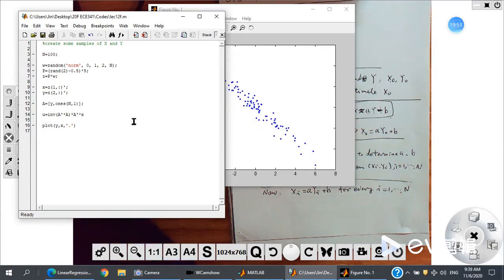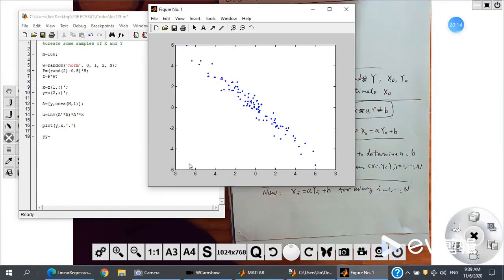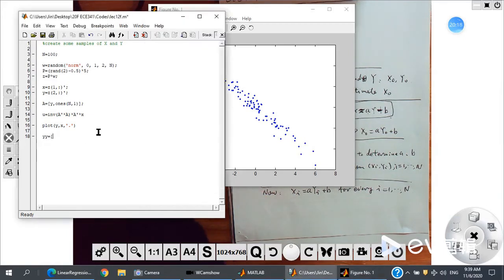Then I already have U, which is A and B, right? A and B. That will be Y equal to, okay, so let y run from negative 8 to positive 8.